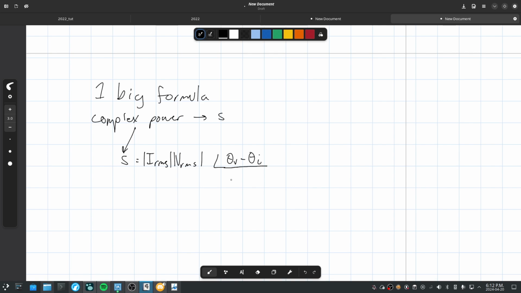Yes, but last time you found I by dividing S by V. Which value is S? It's right here. That is S. You can rearrange this.